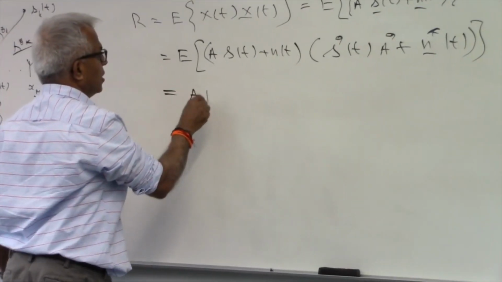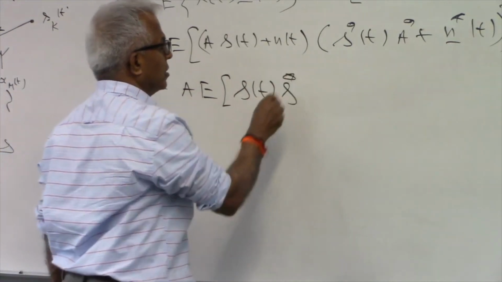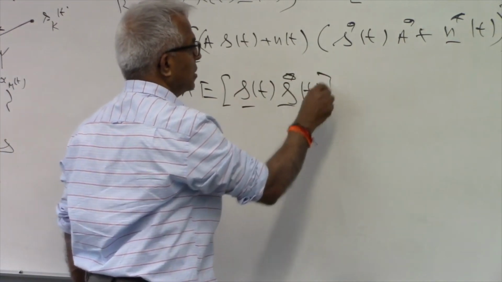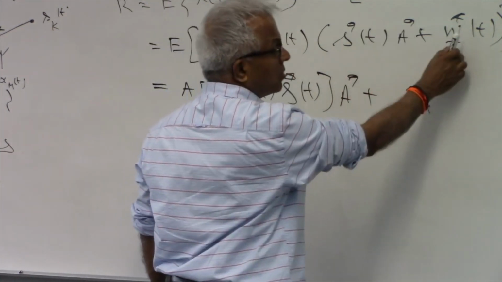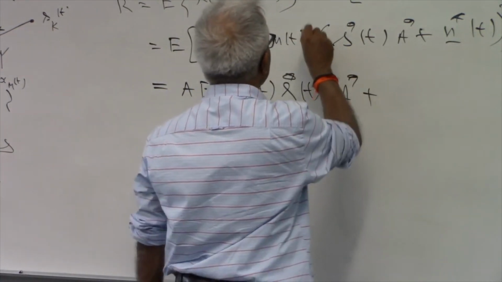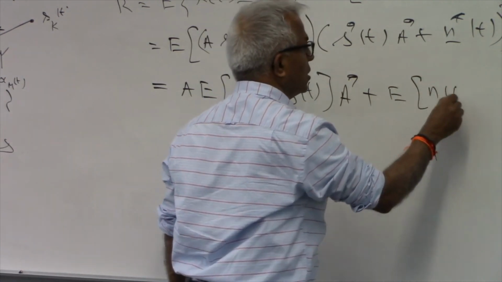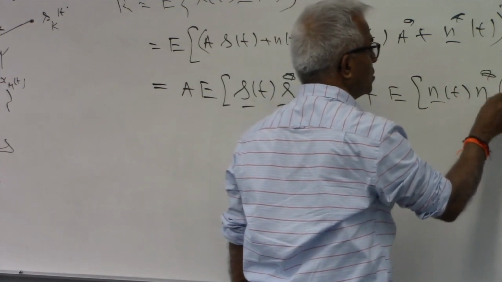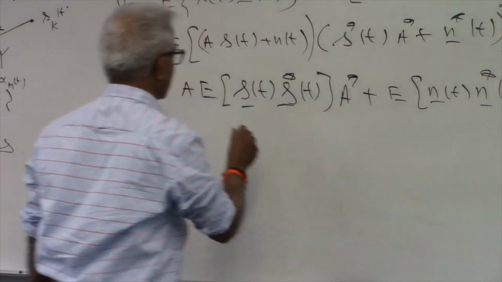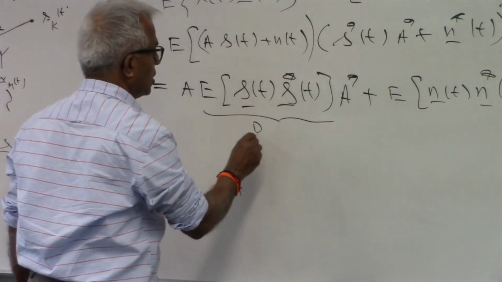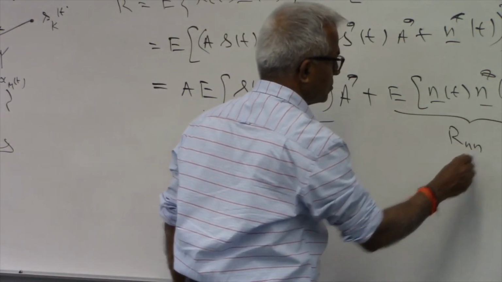You have the expected value of S of t, S star of t, then A star. And the term correlated with noise is 0. Then that is just the expected value of n of t, n star of t. I'm going to call this R_SS, and this is R_NN.